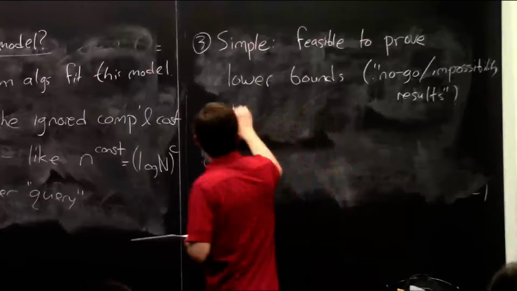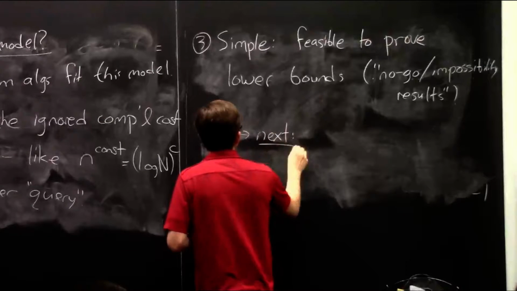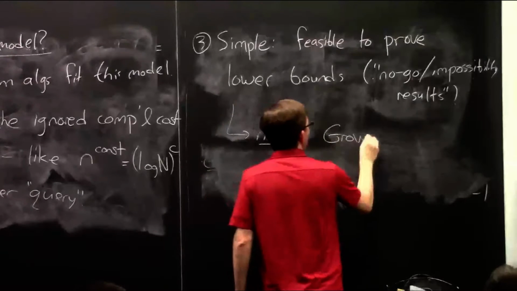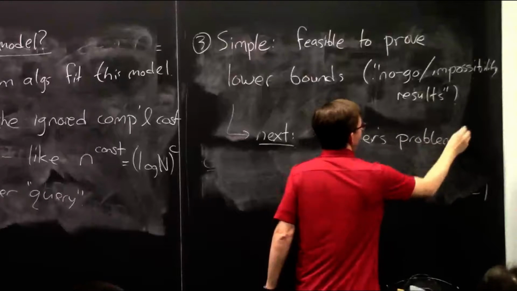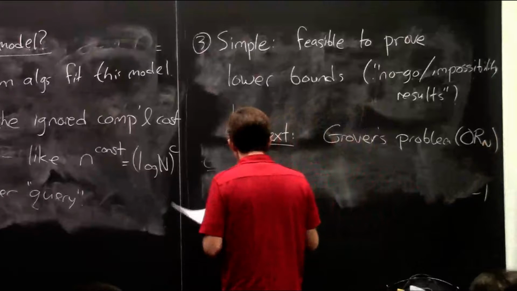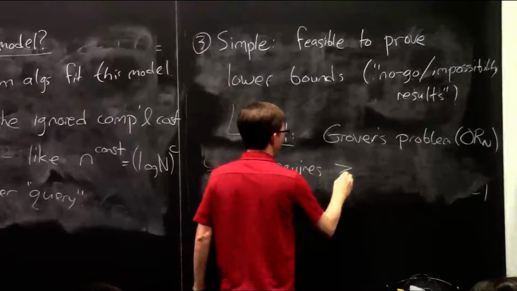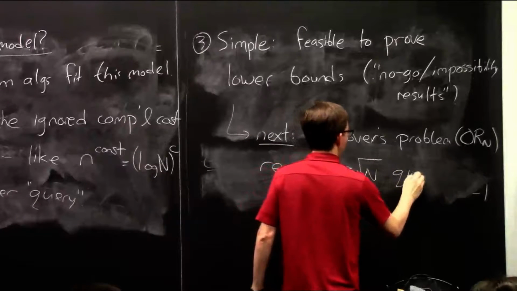So for example, in the next class, we'll prove something that I mentioned last time, which is that for Grover's problem, which is the problem of computing the OR of capital N bits, you can prove that even in the quantum model, roughly root N queries are necessary.